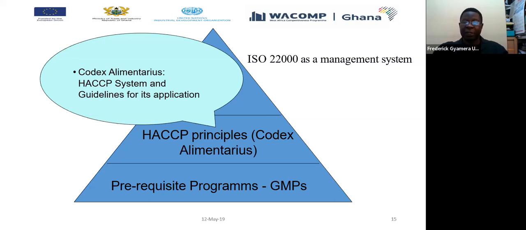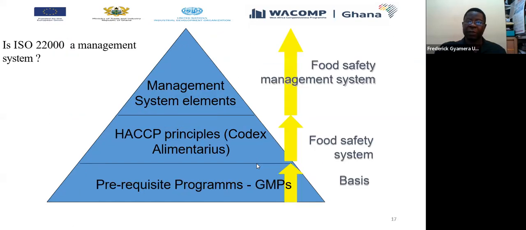Okay, so here you've talked about the guidelines for the application of a hazard system that will lead you to the proper implementation of ISO 22000. So that is how it works. The management system elements are all spelled out in this ISO 22000.